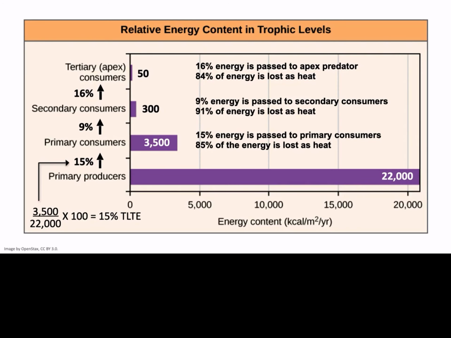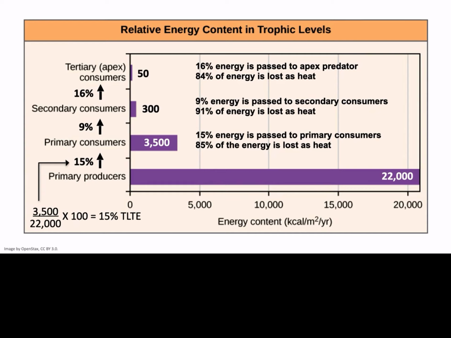Let's summarize energy flow through a trophic pyramid using this graph. In this graph, we see each trophic level on the y-axis, from primary producer all the way up to apex predator. The most energy is contained within the primary producers, with a total of about 22,000 units.